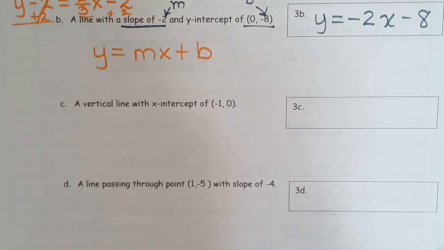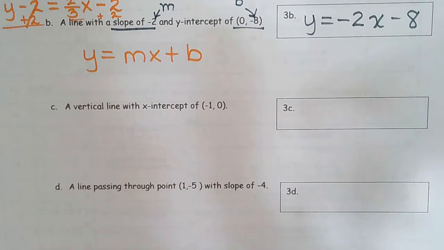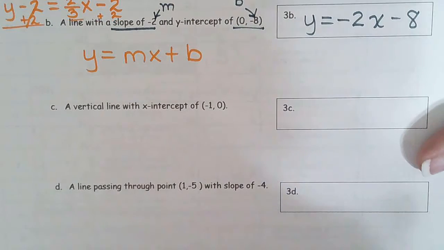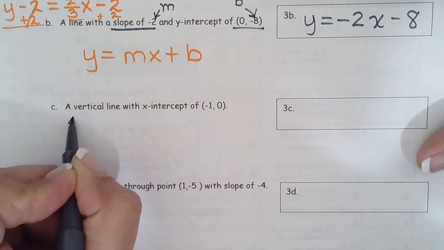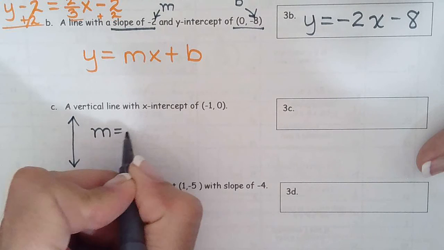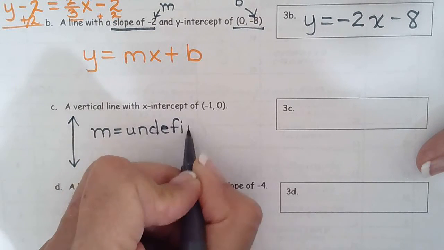So that one took no work, and guess what? The next one doesn't take any work either. Do you know why? It's our special case. So we say to ourselves, vertical line. What's the slope of a vertical line? Oh, there's no skiing, so the slope is undefined. So that's the first thing you should know, it's undefined.